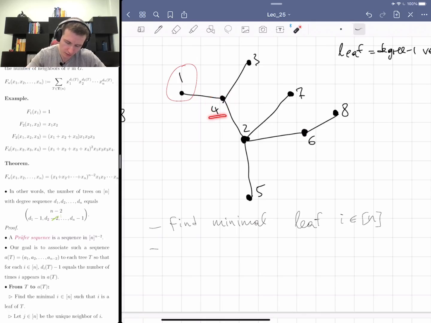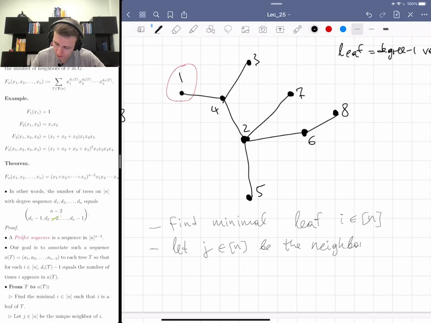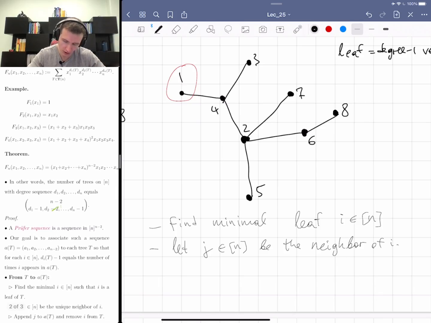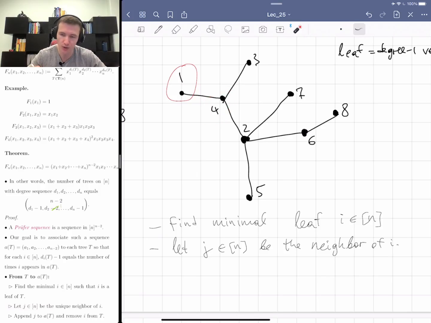Let j in bracket n be the neighbor of i. There's a unique neighbor, because i has degree 1. Then I'm just going to record j into my sequence.